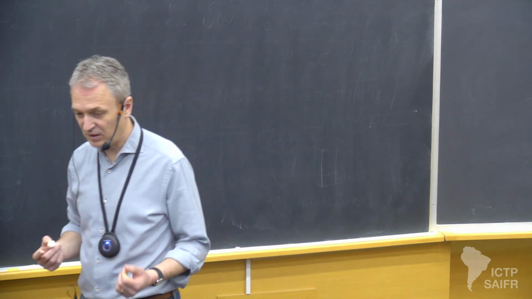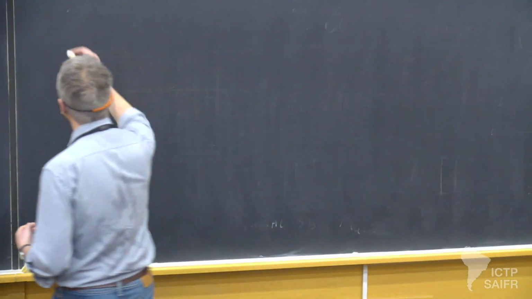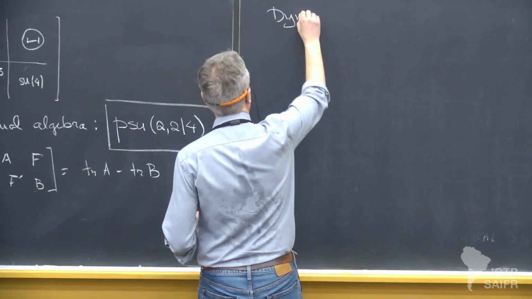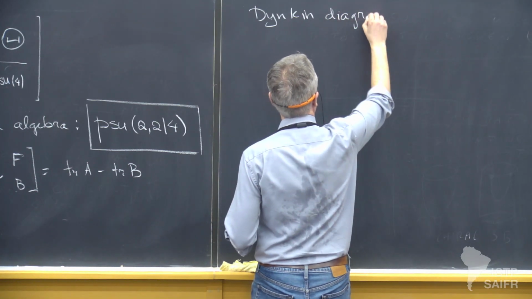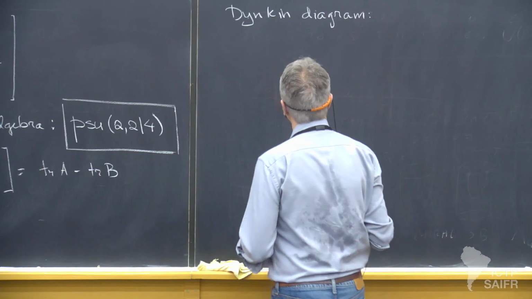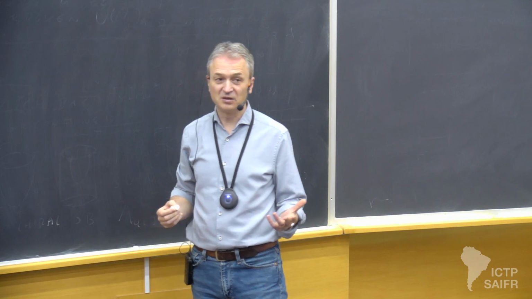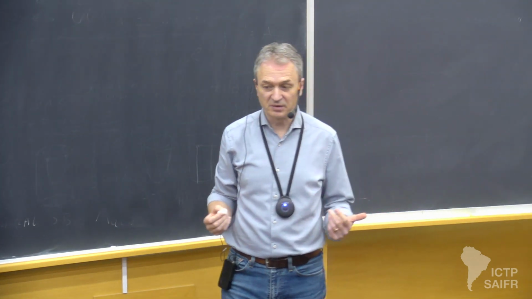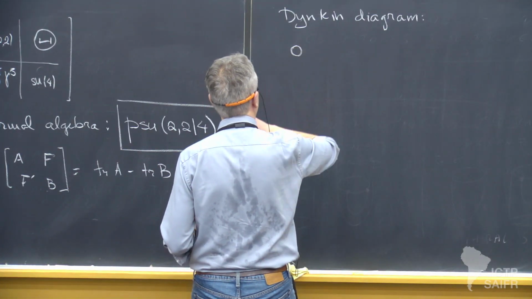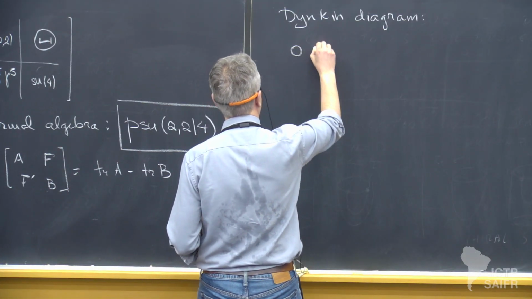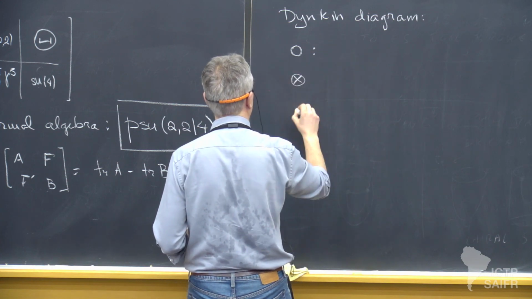So the Dynkin diagram of this algebra has 7 nodes. It also has additional elements that don't arise in bosonic algebras. In addition to the bosonic nodes, we have fermionic nodes.